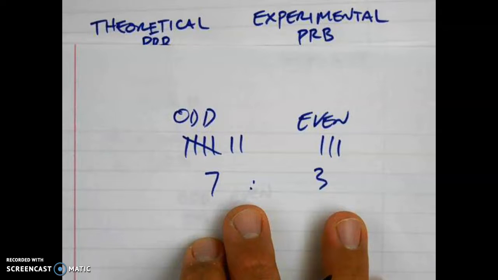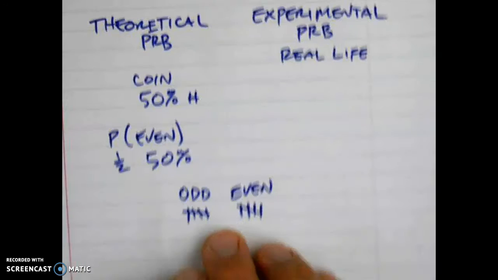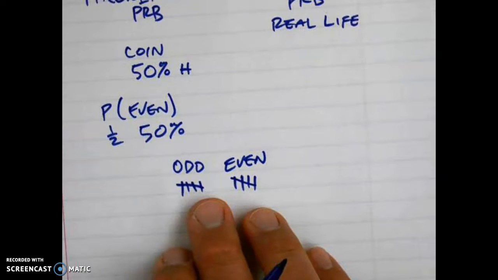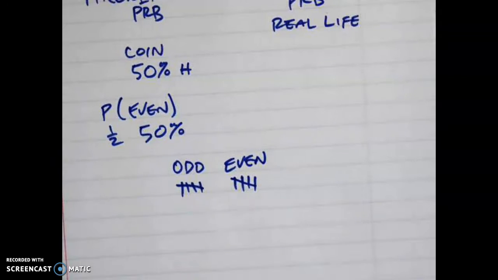No. So the chances of rolling a 50-50, the more you roll, the closer to 50-50 you'll get. I'm going to say that again. The more times you roll this die, the closer you are to 50-50.